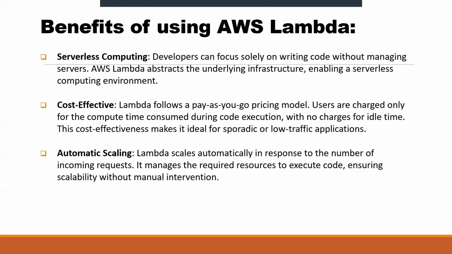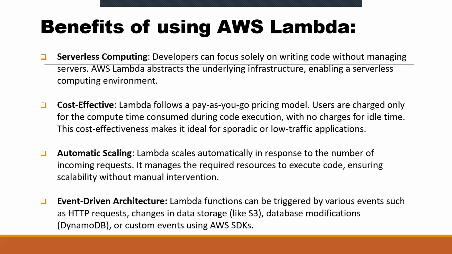It manages the required resources to execute code, ensuring scalability without manual intervention. Fourth, event-driven architecture. Lambda functions can be triggered by various events such as HTTP requests, changes in data storage like S3, database notifications like DynamoDB, or custom events using AWS SDKs.